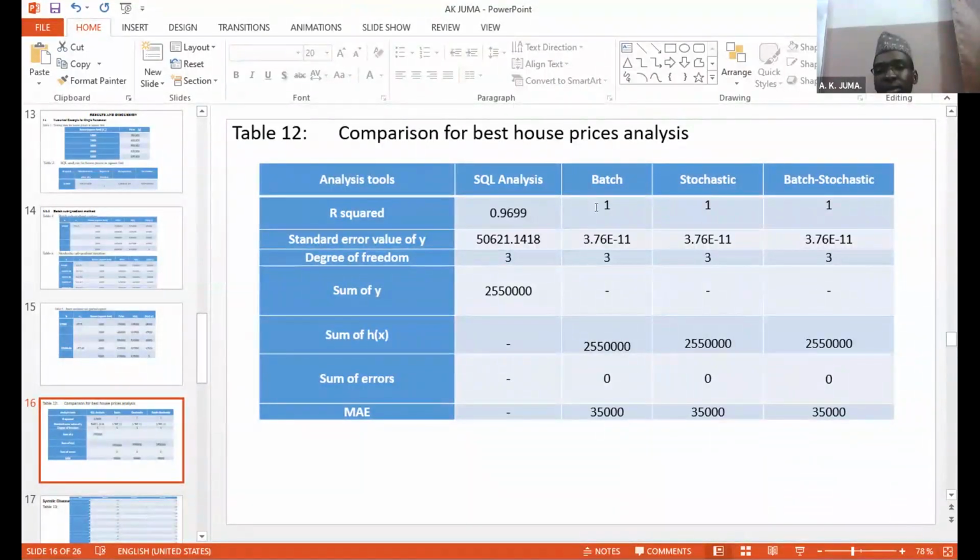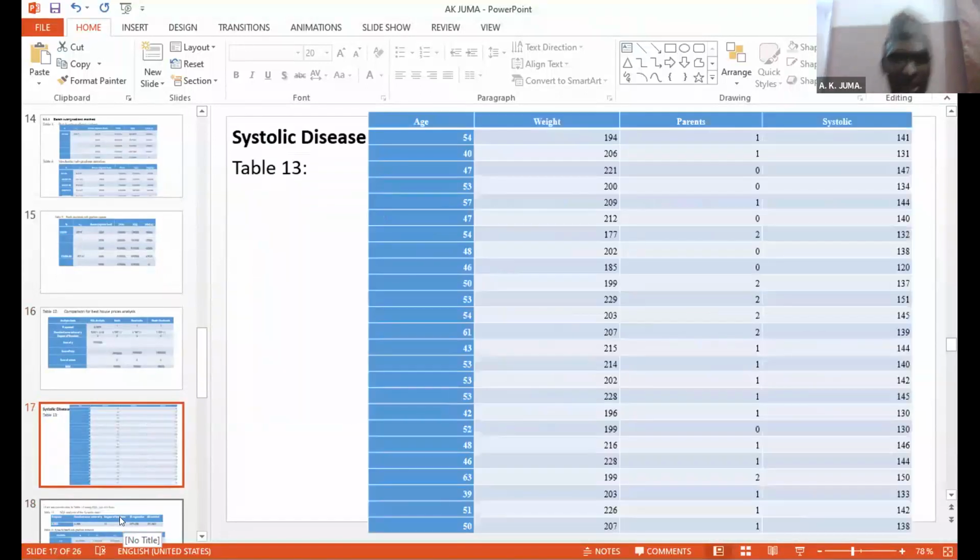And when we carried the analysis using batch, it gave us 1. This is the highest convergence that it can go using batch, and stochastic also 1, and batch stochastic also, and see the MAE, which is equivalent. So we say, let's move to the next data and see what will happen.